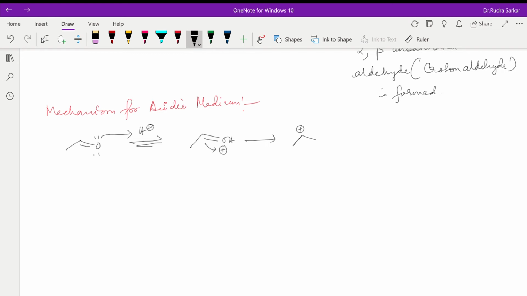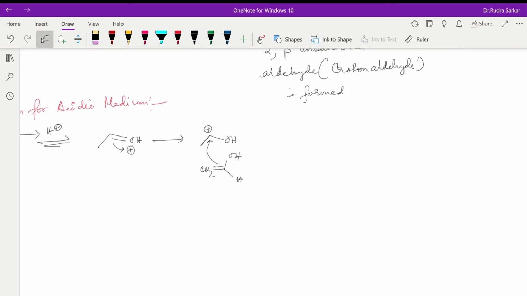That means the pi bond will break. Okay. We can also think that an enol, which is also formed in an acidic medium, will now attack another molecule of this aldehyde.